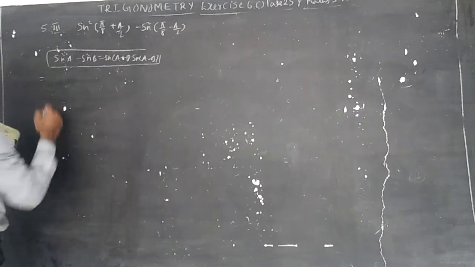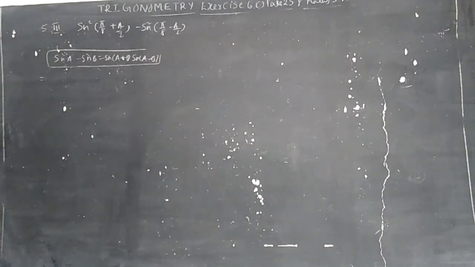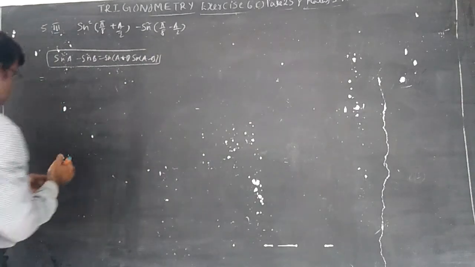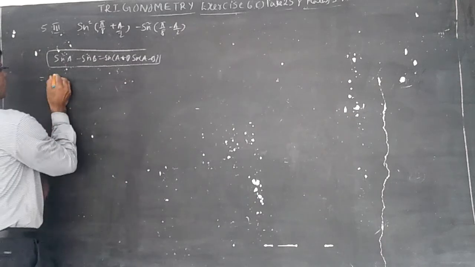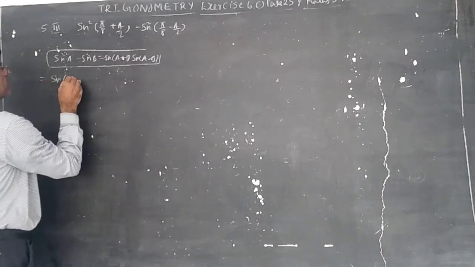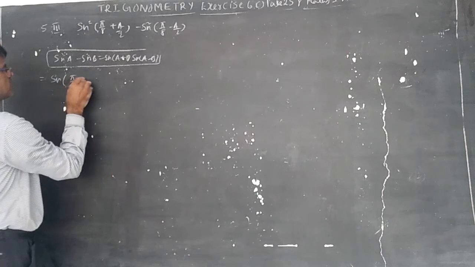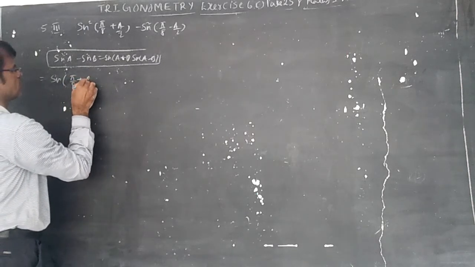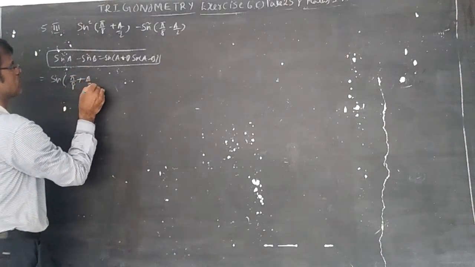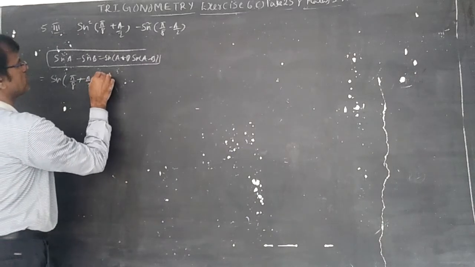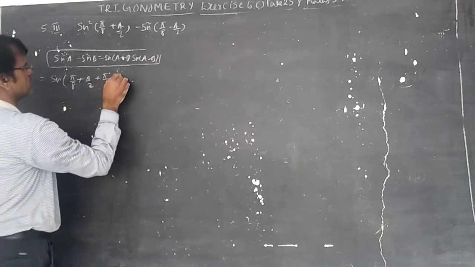So use here sin of pi by 8 plus a by 2 plus pi by 8 minus a by 2.